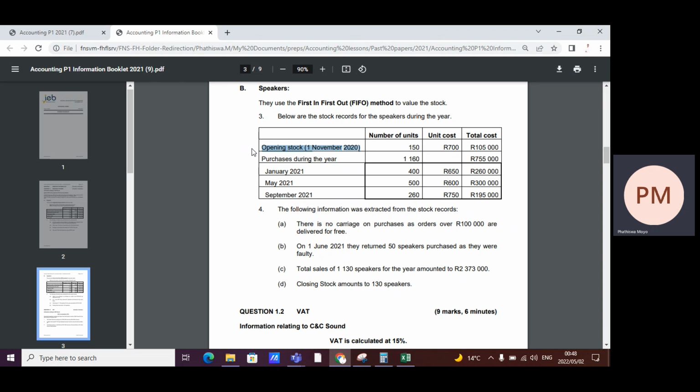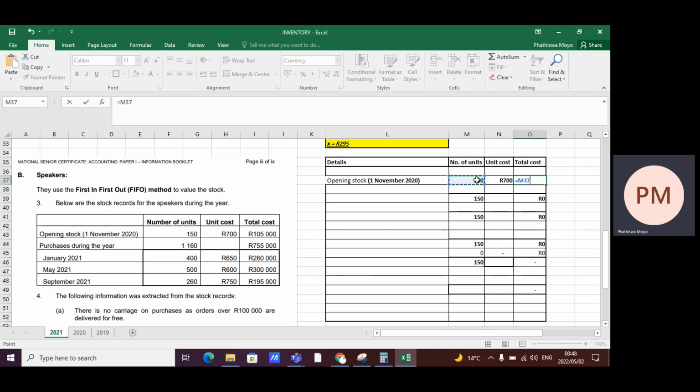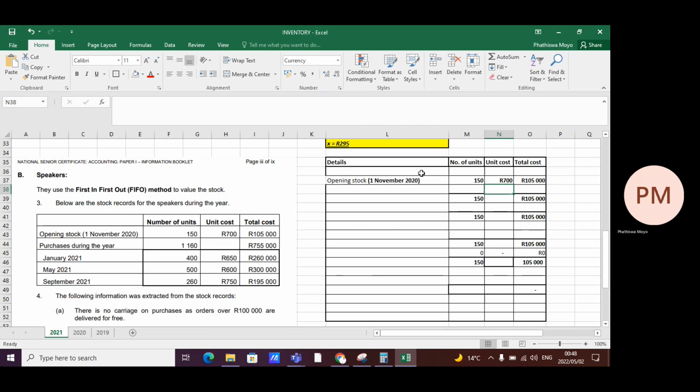So let's just copy this. So this is 150 units. It's 700 rand. Plus 2. Then purchases.